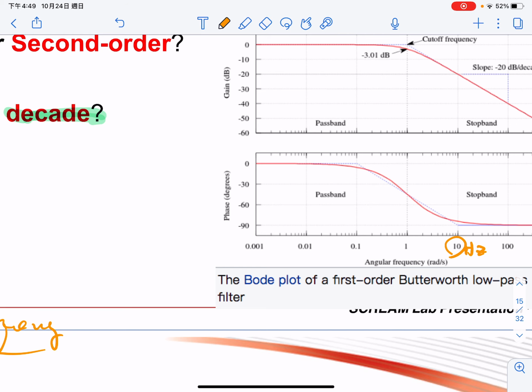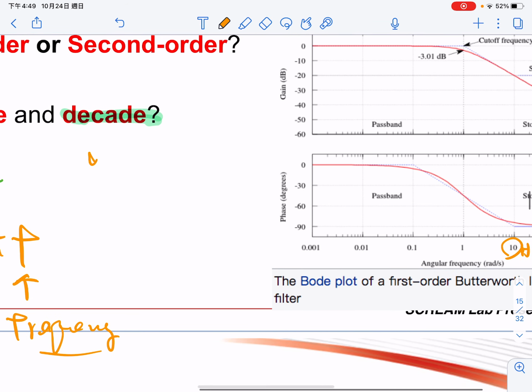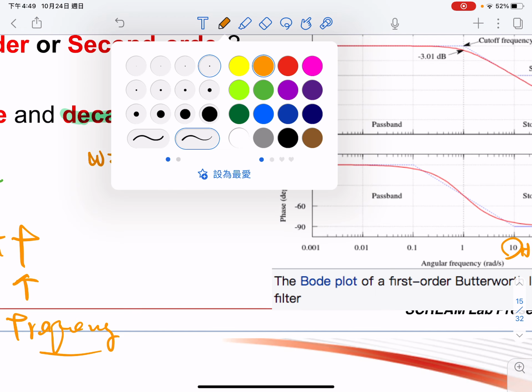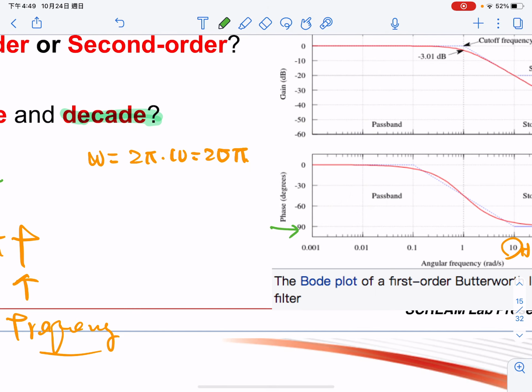Okay, then at 10 hertz, omega will be equal to 2 pi multiplied by 10, which is 20 pi. But this filter makes some change to the original signal, and the phase becomes minus 90 degrees. And minus 90 degrees is minus pi over 2, right?